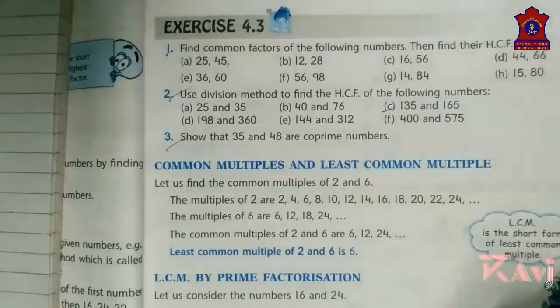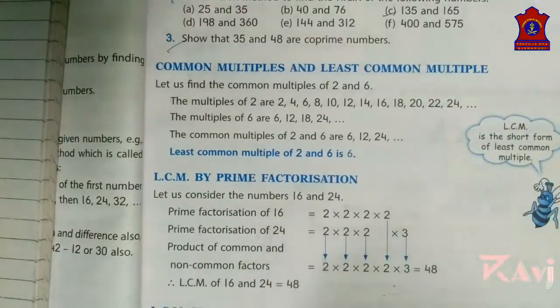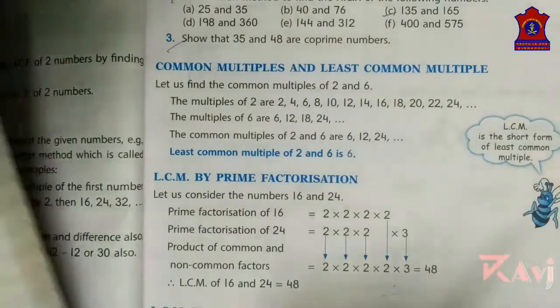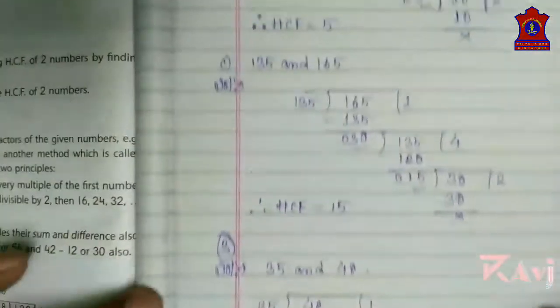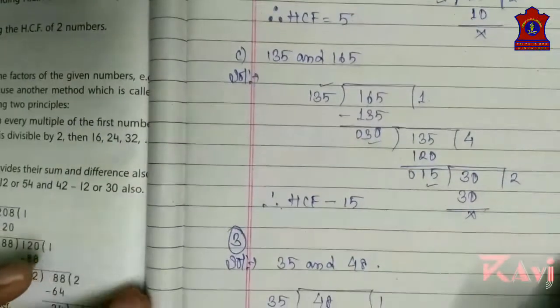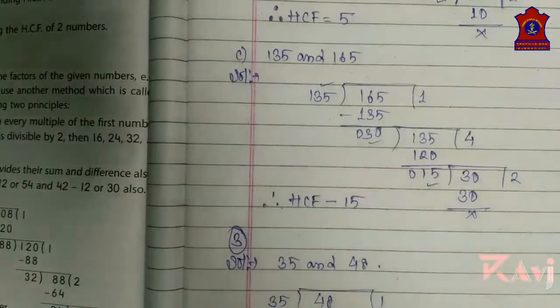Next day we will be starting common multiples and least common multiples, which is LCM, LCM by prime factorization method, LCM by division method, etc. in the next exercise. So today you have to complete exercise 4.3. Next day we will start LCM. Okay, till then, bye bye.